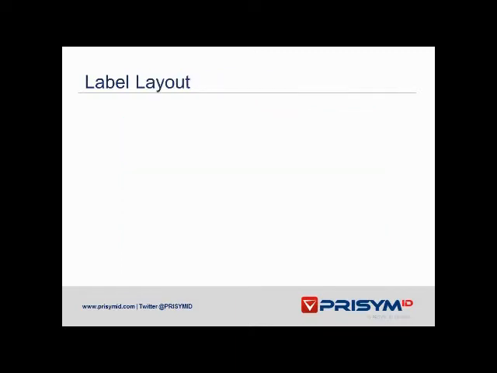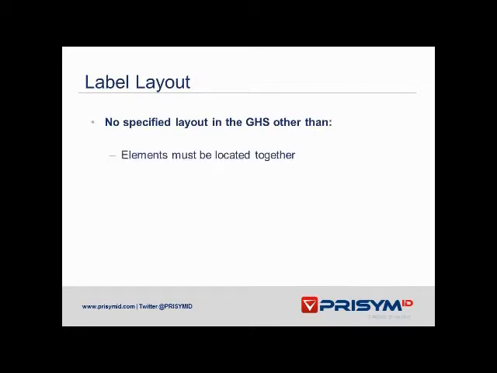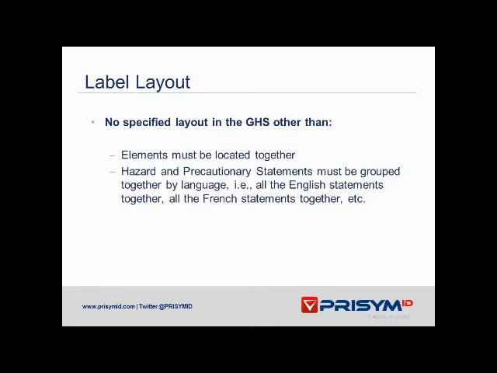There is no specified label layout in the GHS other than elements must be located together. Hazard and precautionary statements must be grouped by language, i.e. all the English statements together, all the French statements together, etc. And supplemental information must be placed on a separate section of the label.